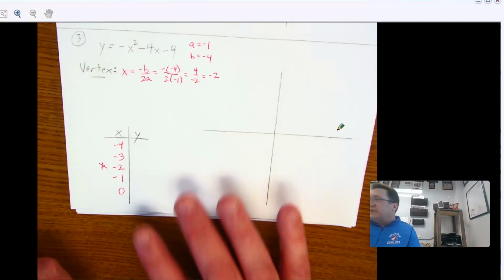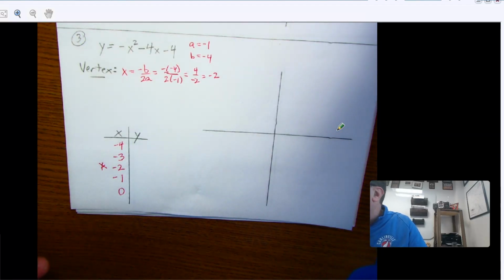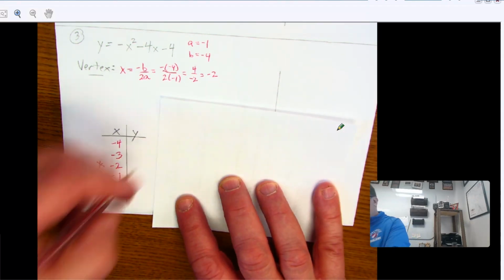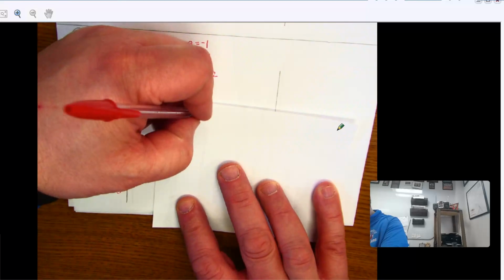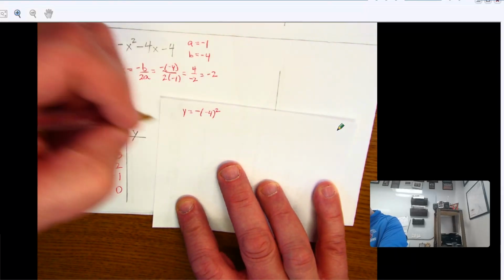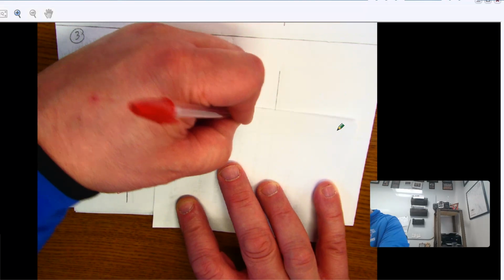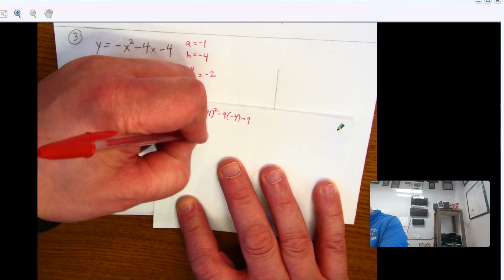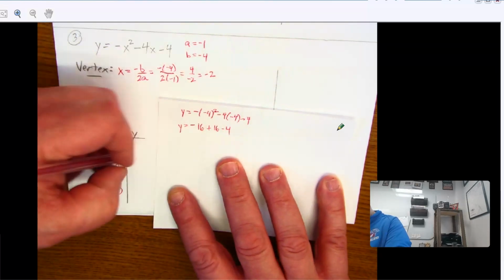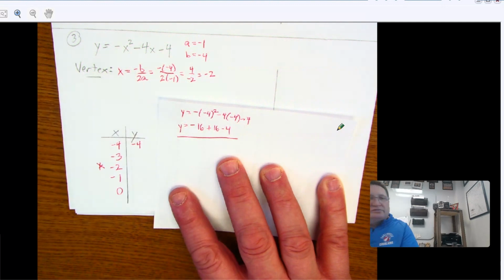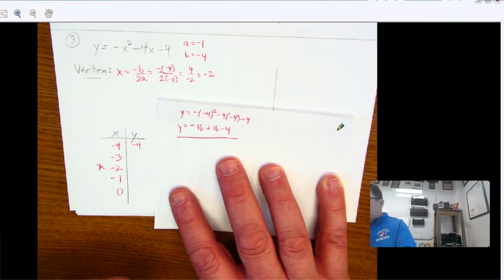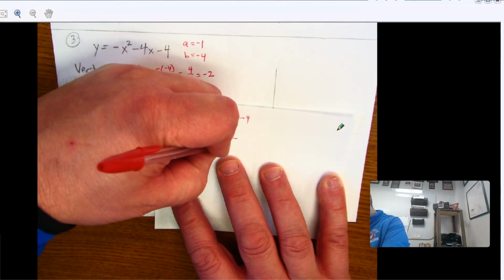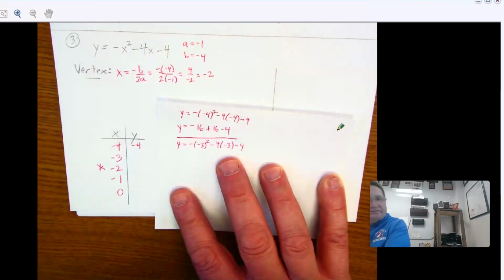All right, so if we did the same sorts of things that we've been doing, we're going to plug in these numbers and see what we get. So it's the opposite of -4 squared minus 4 times -4 minus 4. Boy, there's a lot of negative signs there. So this is -16 plus 16 minus 4 when we plug a -4 in. When we plug a -3 in, it's the opposite of -3 squared minus 4 times -3 minus 4.